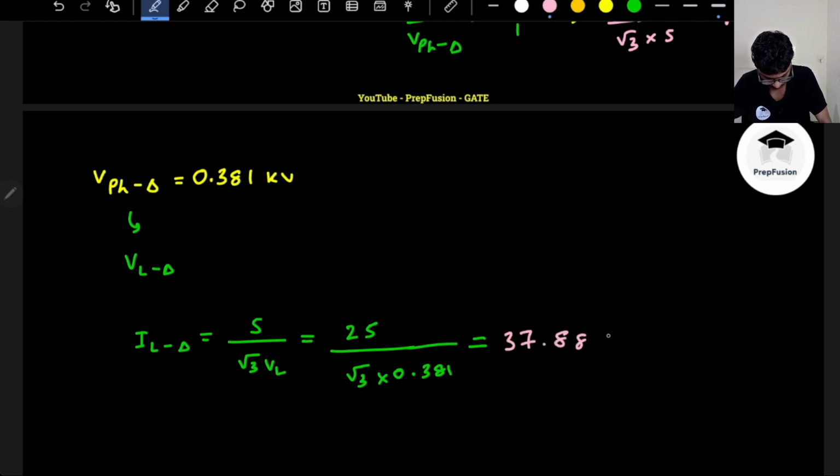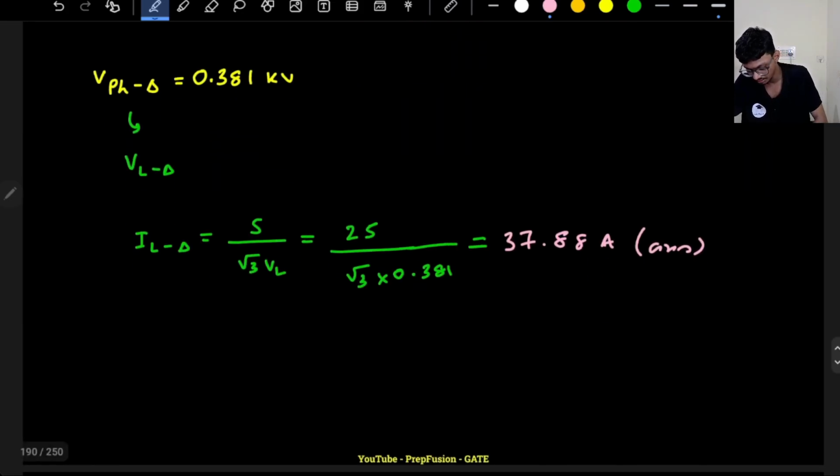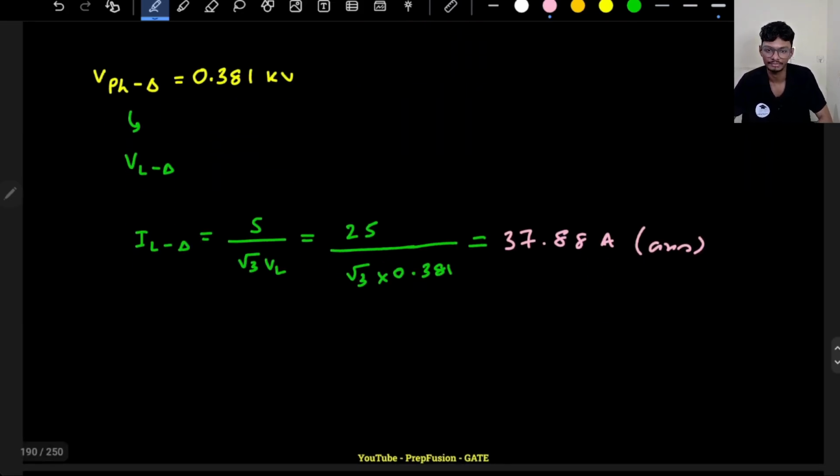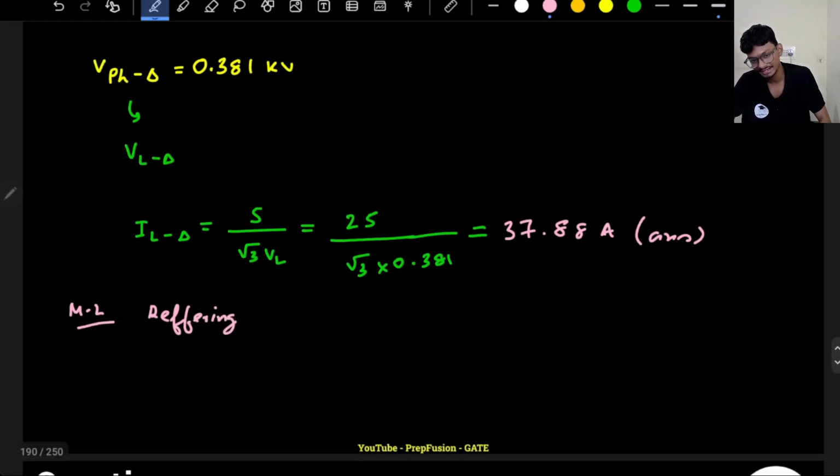Now is there any other way to solve this? Yes, there is. This will be the answer, but we can also find out the rated current in the primary and refer it to the secondary. So method 2, referring. What is the rated current in the primary?